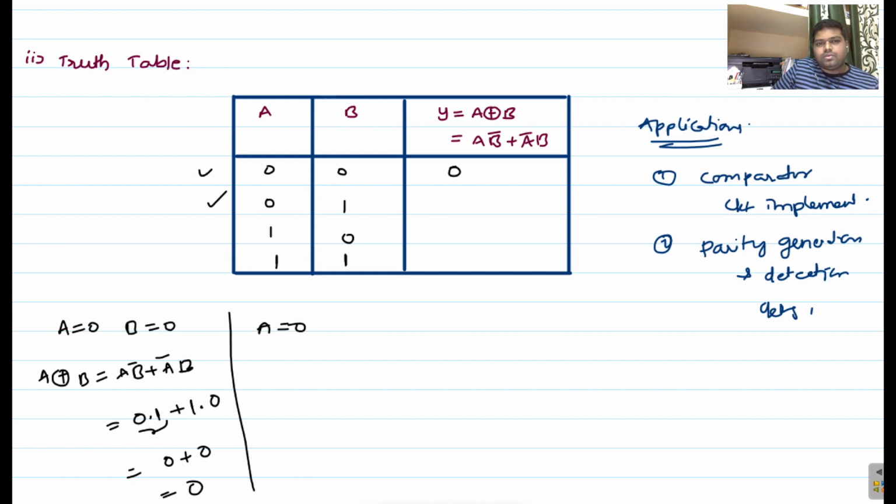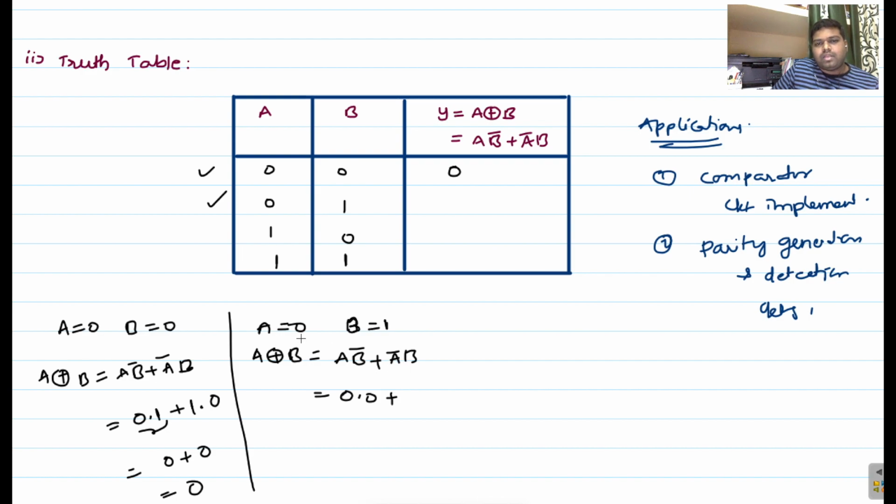Now the second condition: a is equal to 0 and b is equal to 1. Our logic is a XOR b equals a b bar plus a bar b. Substitute these values. When a equals 0, put 0, and b bar: b is 1, so b bar is 0 only, the inversion of 1.